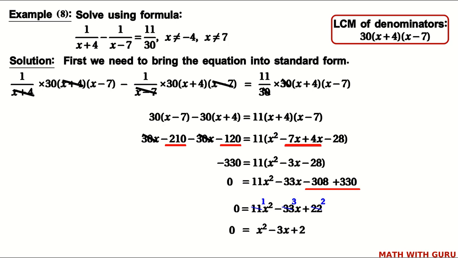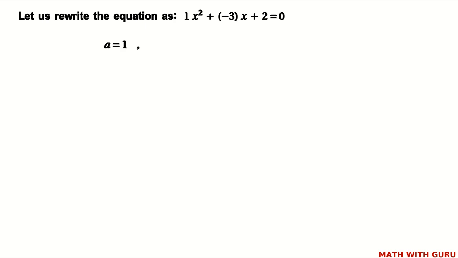Let us swap the sides like this. x squared minus 3x plus 2 equals 0. Now we need to solve this equation using the formula. Let us rewrite the equation as 1x squared plus minus 3 into x plus 2. a is 1, b is minus 3, c is 2.